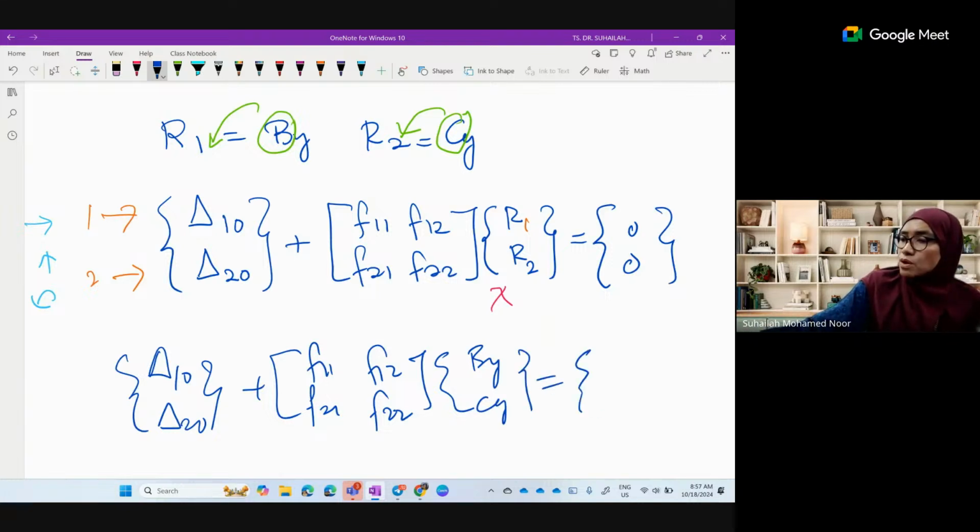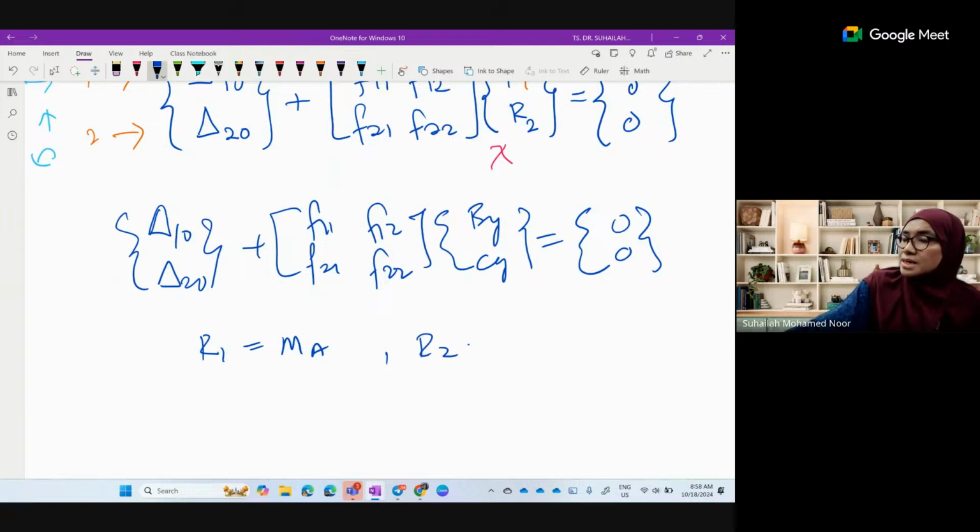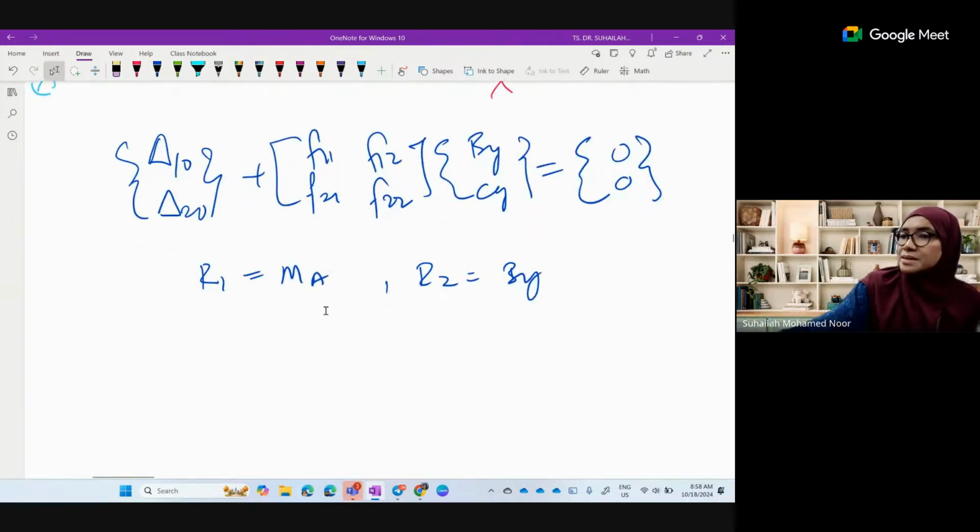Okay, this is important sebab kalau redundant kita contoh berubah kan. Contohnya redundant 1 kita MA. Redundant 2 is BY. Kan? Okay, kenapa saya kata saya prefer guna ni? Sebab bila kita change the redundant, kita akan pakai semua ni standard, delta 1 naught, delta 2 naught.